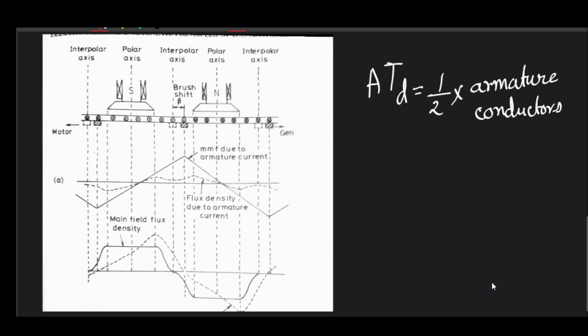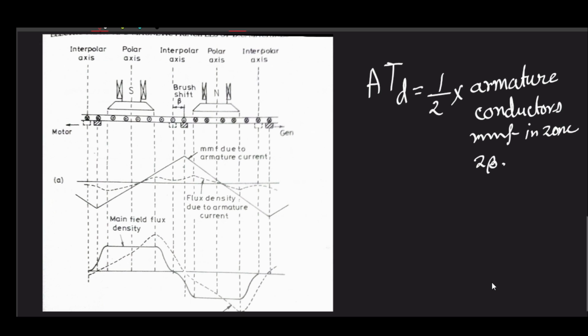Now here what we can write is that the demagnetizing armature MMF per pole, if we write it as ATD, is half into the... Why are we considering 2 beta?